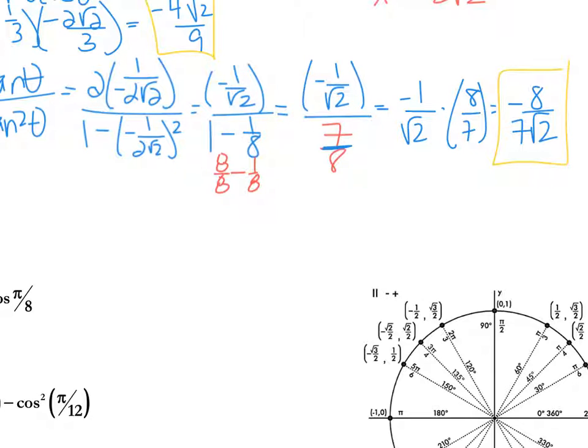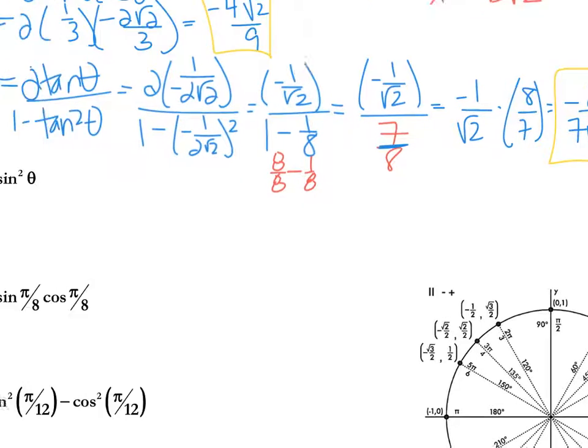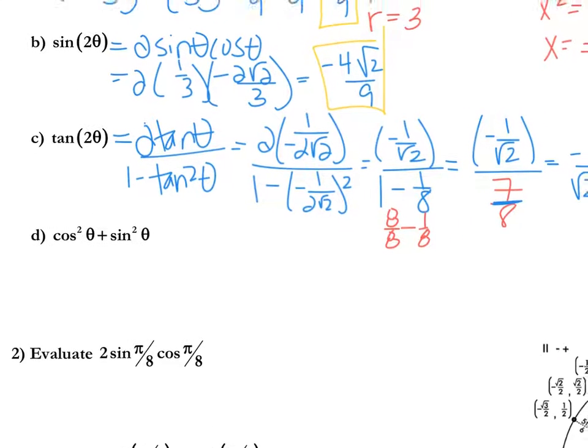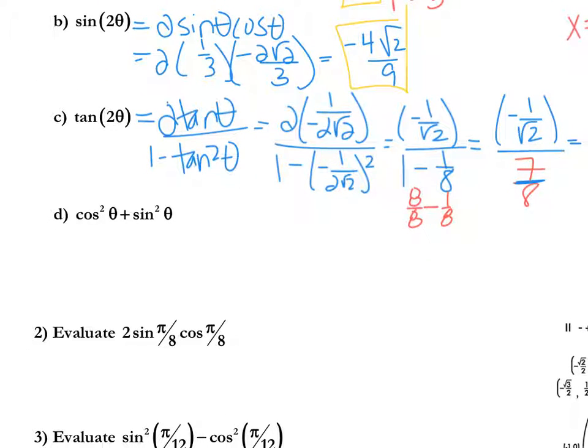The last problem that we're going to do for up here is going to be the cosine squared plus sine squared. Now, hopefully that should ring a bell to you guys, that that's a Pythagorean identity. And we should know that that equals 1. So once we go through this and do the math, if it doesn't equal 1, we made a mistake somewhere.